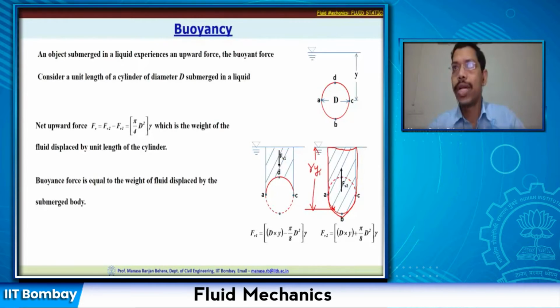Let us say this surface is nothing but your delta A or delta S, whatever you want to call it. So for that unit surface, I am taking the distance over that, and this weight of this column of water is exerting the pressure on this. So force. So this is nothing but equivalent to this strip of water.